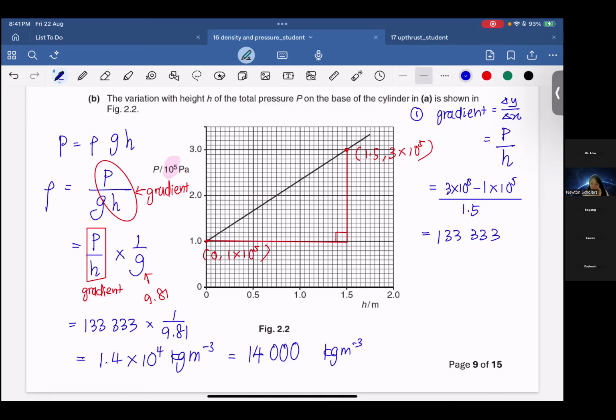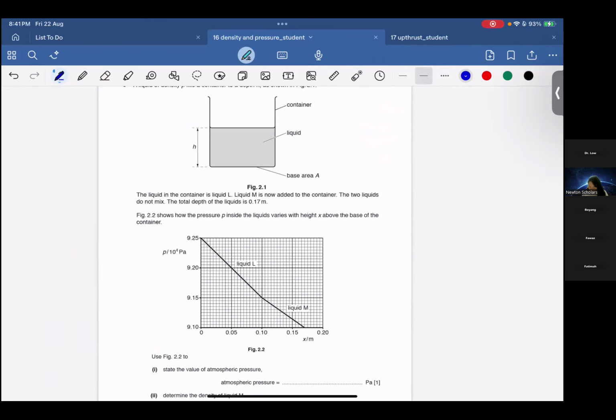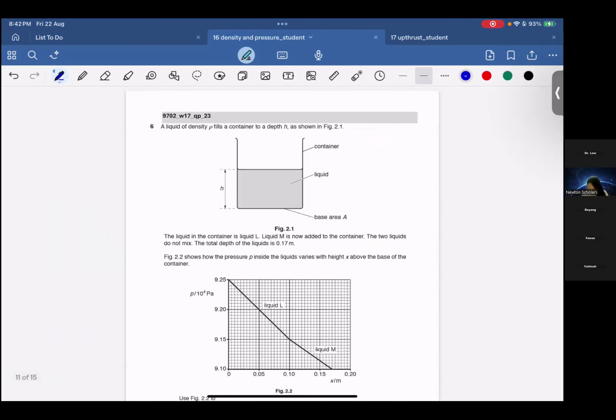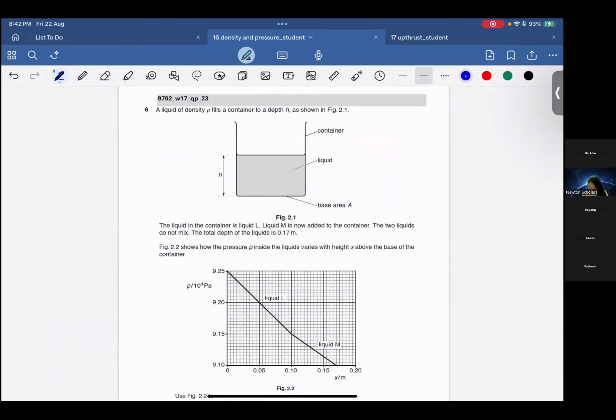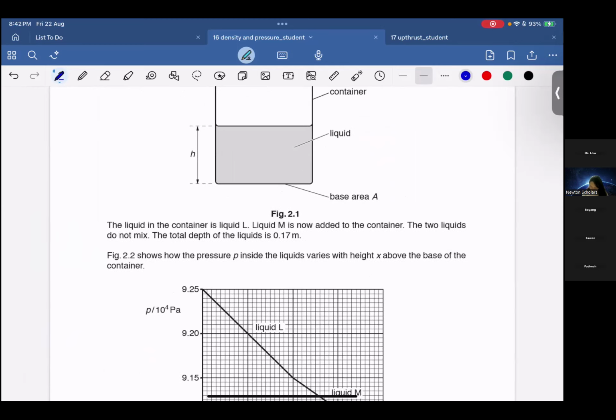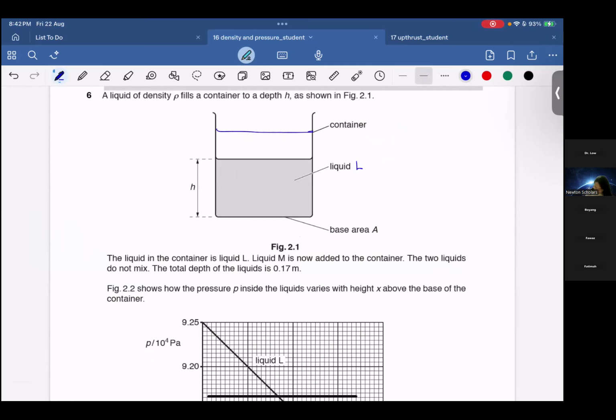Okay, dear, go to page number 10. We have a liquid density question: fill a container to a depth h. Depth means we measure from the top going down. The liquid in the container is liquid L. Liquid M is now added.